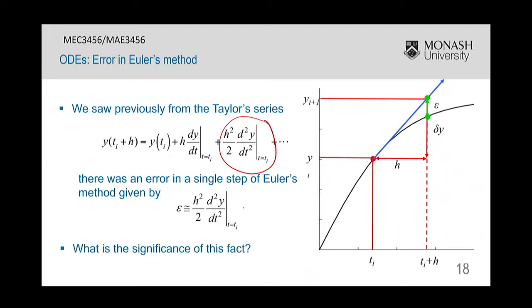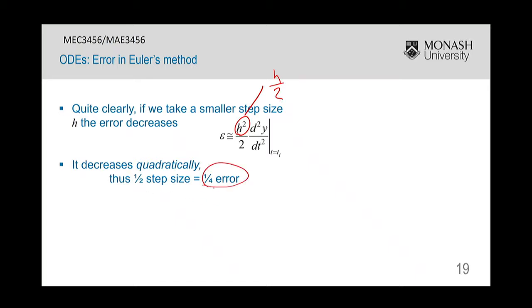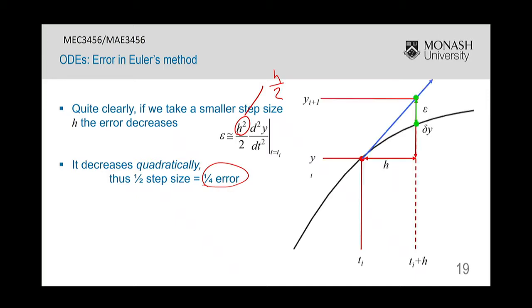So what's the significance of the fact that the error scales like this? Well, clearly, if we take a smaller step size, h, the error also decreases. So, if we halve h, replace h here by h on 2, and we see that for a half step size we get 1/4 the error. That's for a single step of Euler's method.